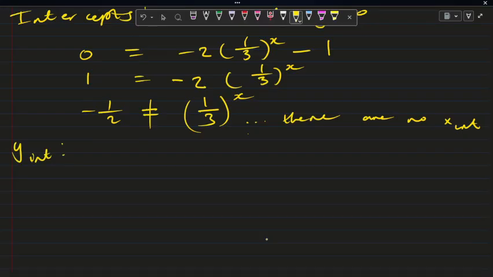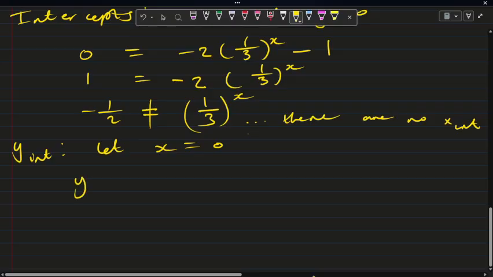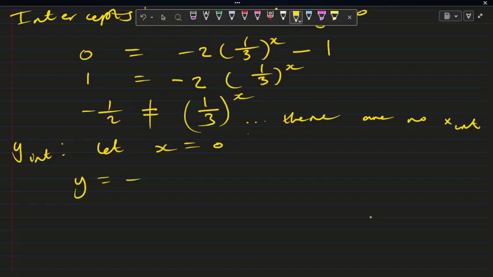Now let's consider the y-intercept. We determine the y-intercept by letting x be equal to 0. Okay, so if we make that happen, then we can determine the y-intercept. So y is equal to negative 2, 1 over 3 to the power of x minus 1.